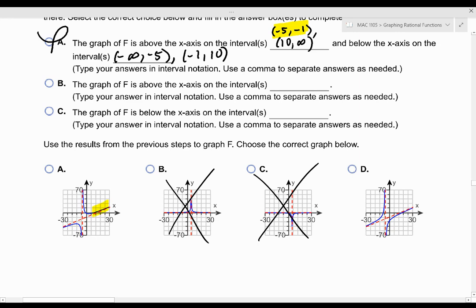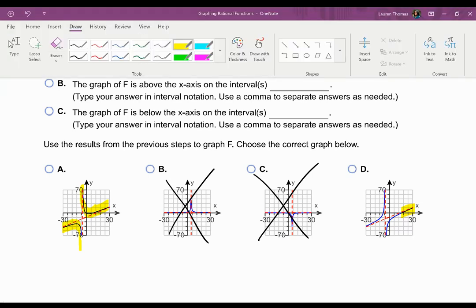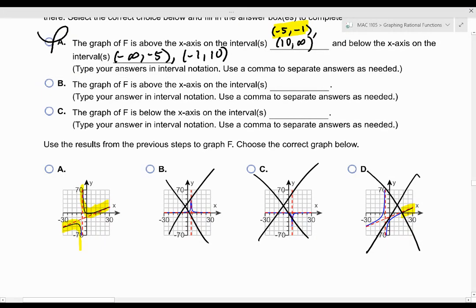So that's above. That looks like it's above. All right, let's see, we should be below from -infinity to -5. So below -infinity to -5, above -1 to infinity. This one is on the right spot. So let's see, this one, are we below or above? We're not in the right spot for D. So D is out.